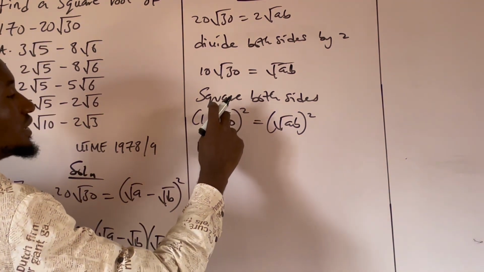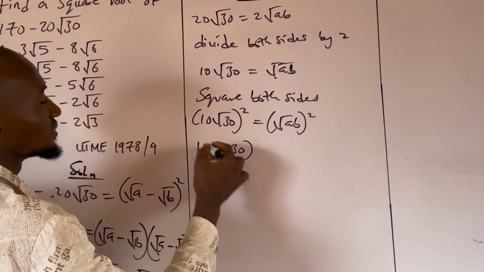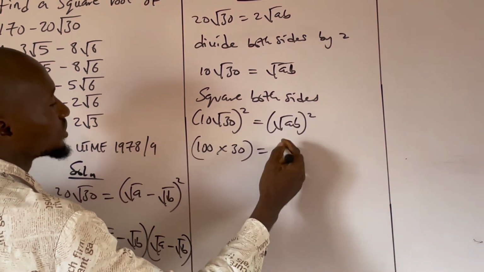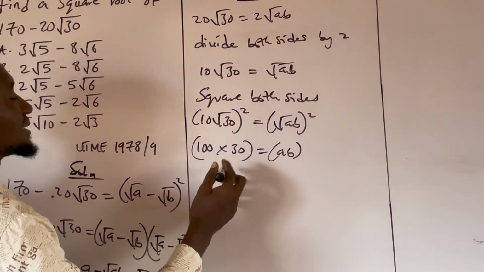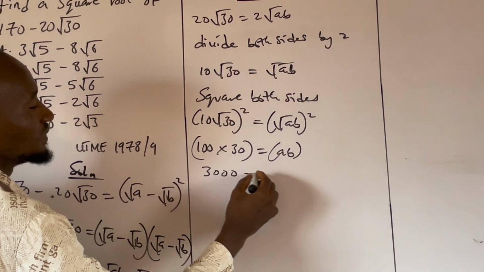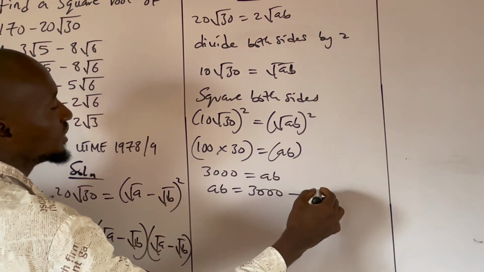The square cancels the square root. We have times 30 equal to AB. So 100 times 30 will give us 3000 equal to AB. So we say AB is equal to 3000. Call this equation 2.